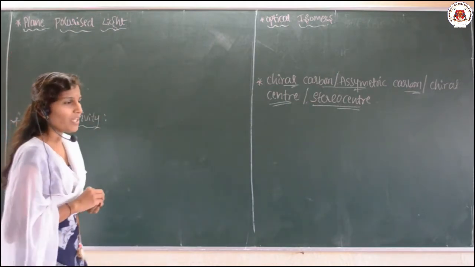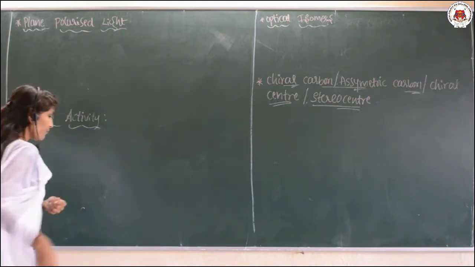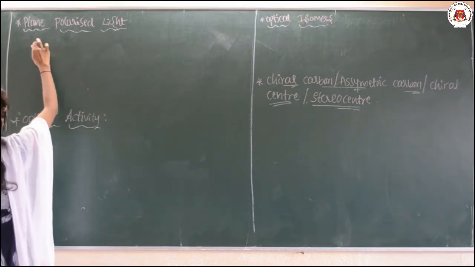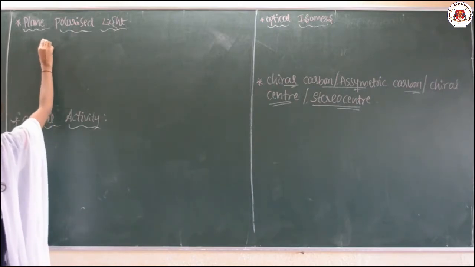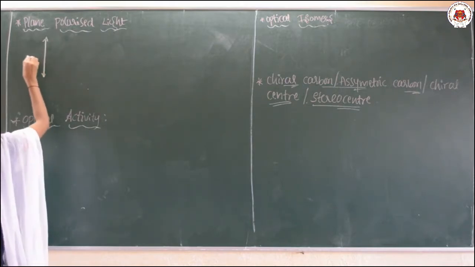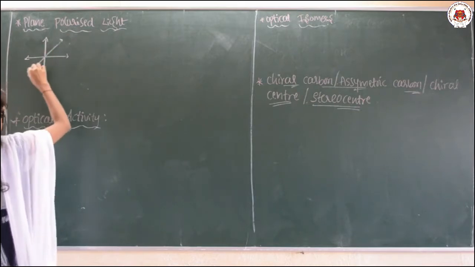What is the meaning of plane polarized light? See here, normally ordinary light will vibrate in all directions like this. Ordinary light will vibrate in all the directions of a plane.